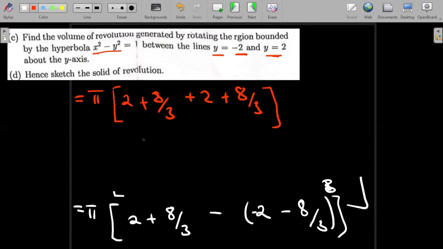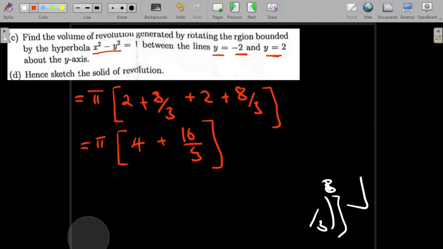Here you can add 2 plus 2, which gives you 4. Adding the other two, you get 16 over 3. Then you can add these two: 16 over 3 plus 4, and that just gives you 28 over 3.